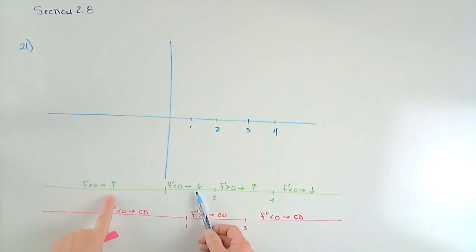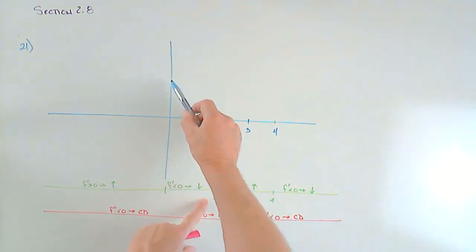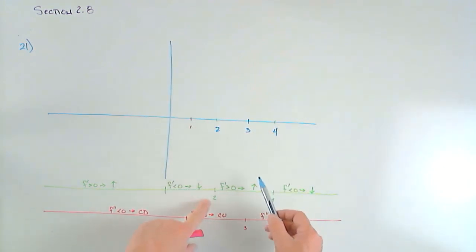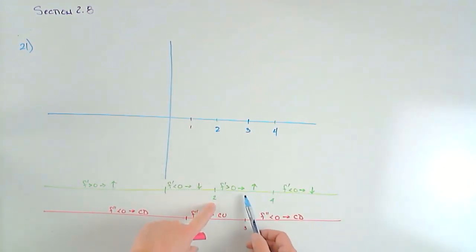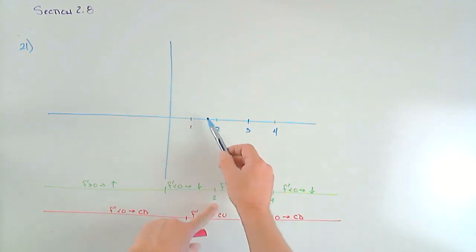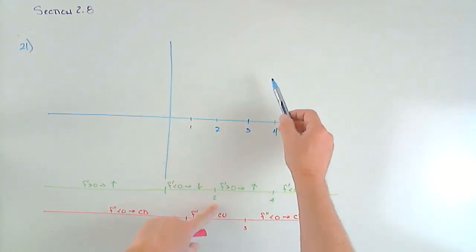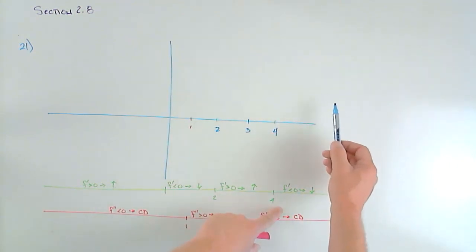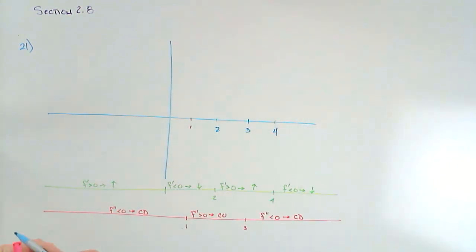Then it continues going down until 2, where it starts going up. From 2 to 4, it goes up, and then it starts going down again. So our function goes up, then down, then up, then down.